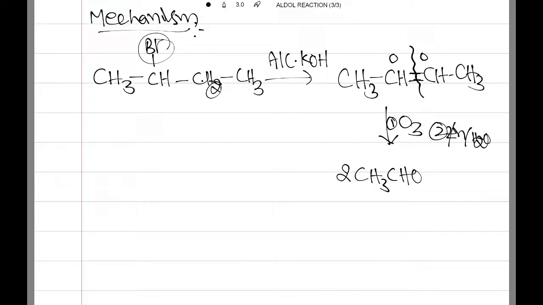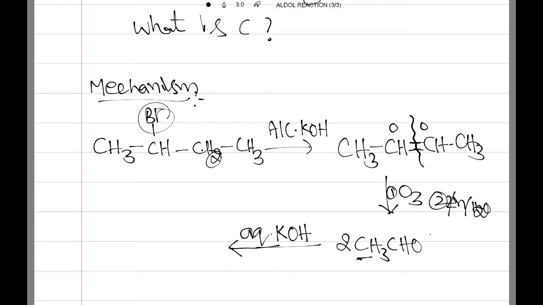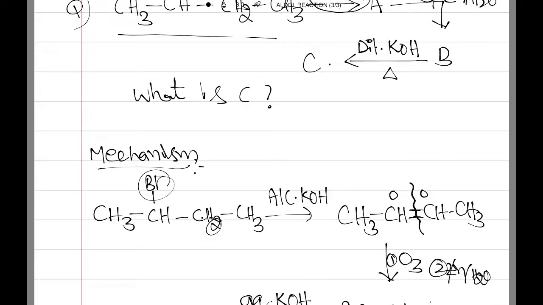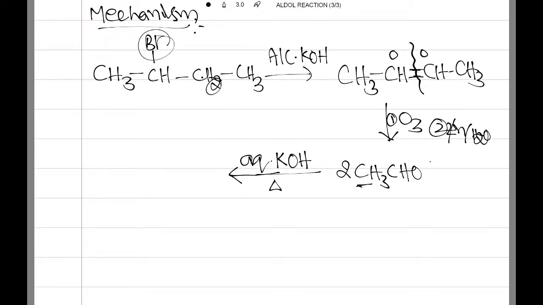Okay, 2 moles of acetaldehyde will come, and then it reacts with aqueous KOH, nothing but dilute KOH. We know that acetaldehyde has alpha hydrogens, so it undergoes the reaction with aqueous KOH, and we should also apply a small amount of heat. What is that product?